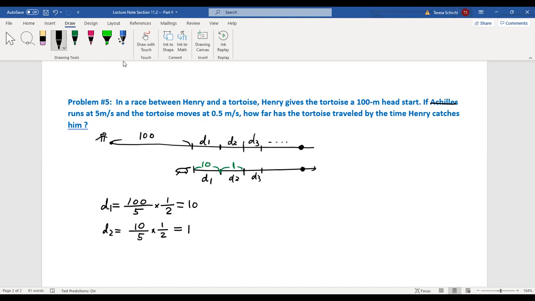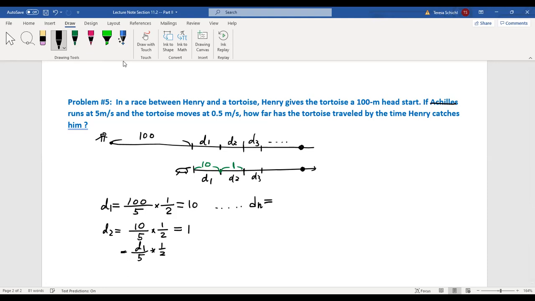Now, based on this, see here, D2 is D1 rewritten as D1 over 5, then times 1/2. Let's try to write it into a general term.